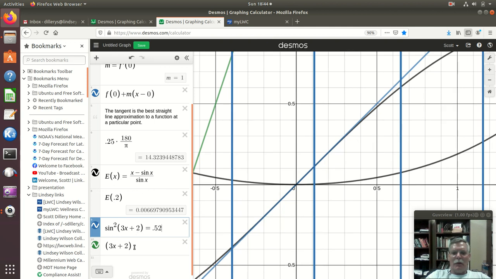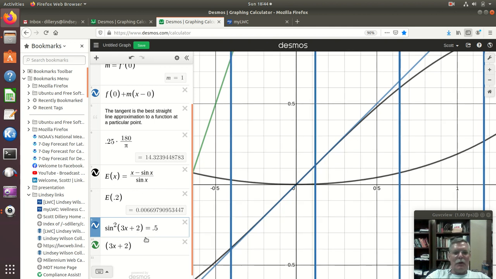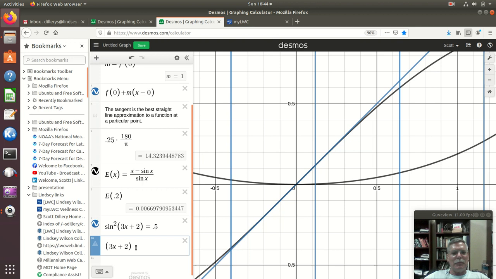Whoops. I don't know what just happened there, but I hit the up arrow instead of the caret. So squared is equal to 0.5, and it solved that one just fine as well.